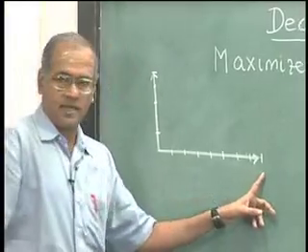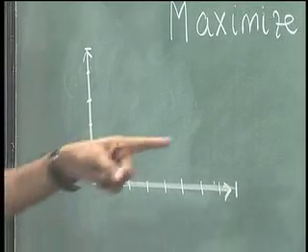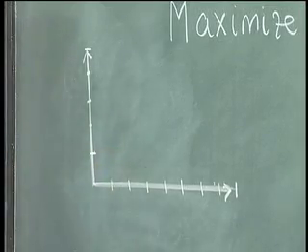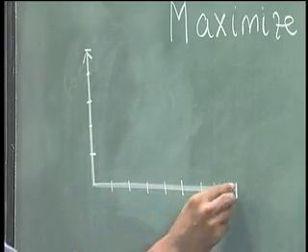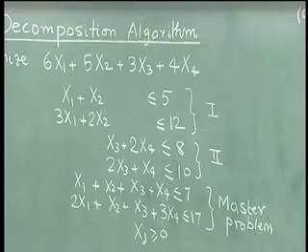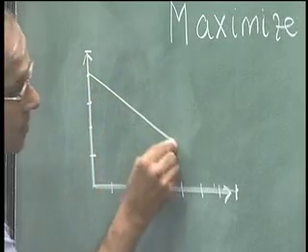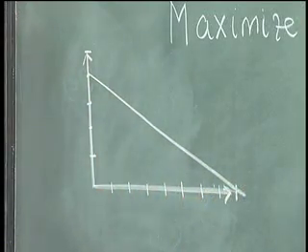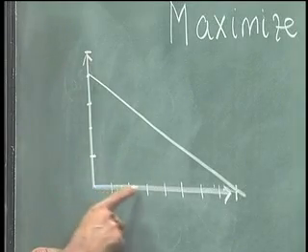This will be the x3 axis, this will be the x4 axis. x3 plus 2x4 less than or equal to 8. x3 plus x4 less than or equal to 10.